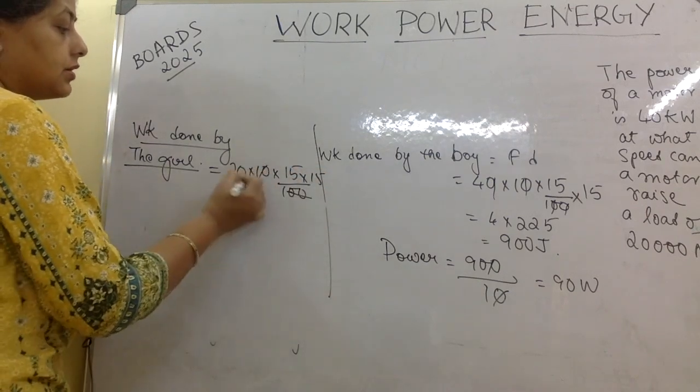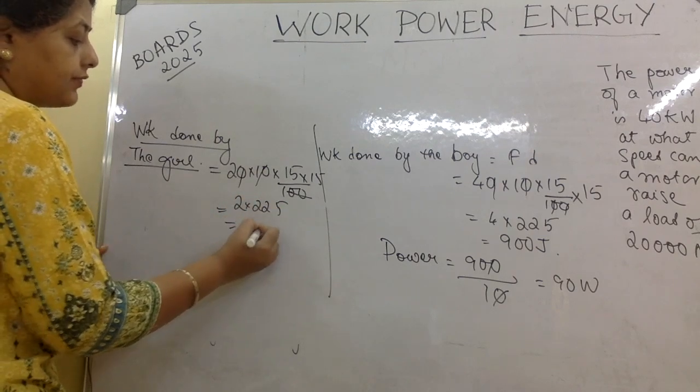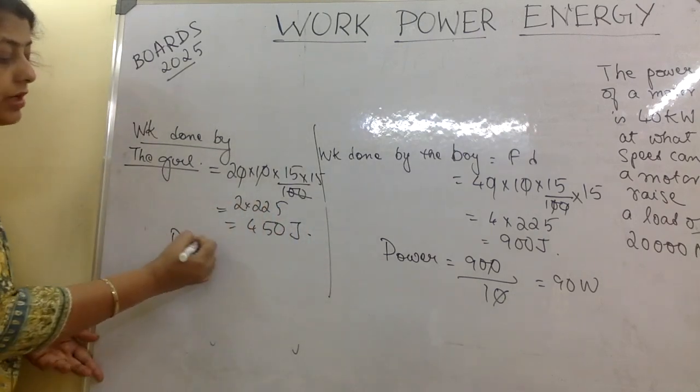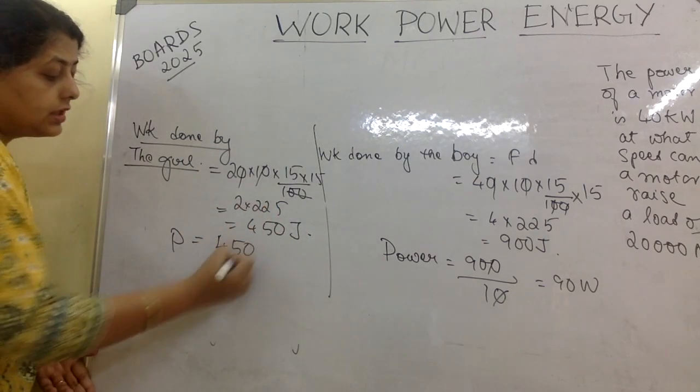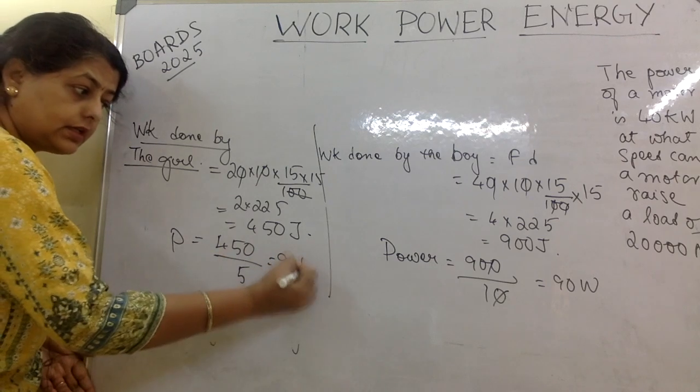Same thing. So this is 20 into 225, that is 450 joules. That's the work. Power is 450 by 5, again 90 watts.